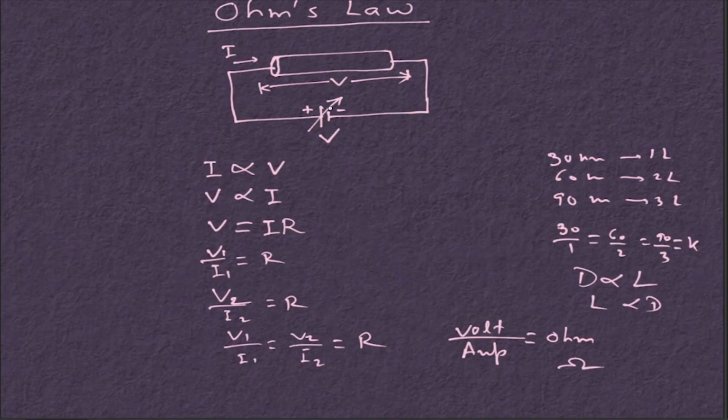Now let us consider this diagram again. From this diagram, how will we measure the current and voltage across the conductor? This is the circuit diagram. We have shown this conductor by this resistance, R. We will measure the voltage across this resistance by connecting a voltmeter.